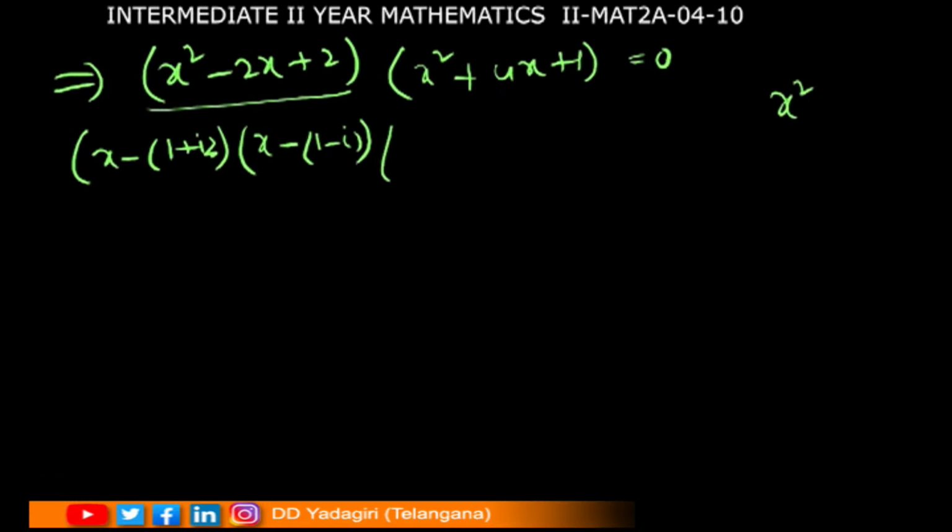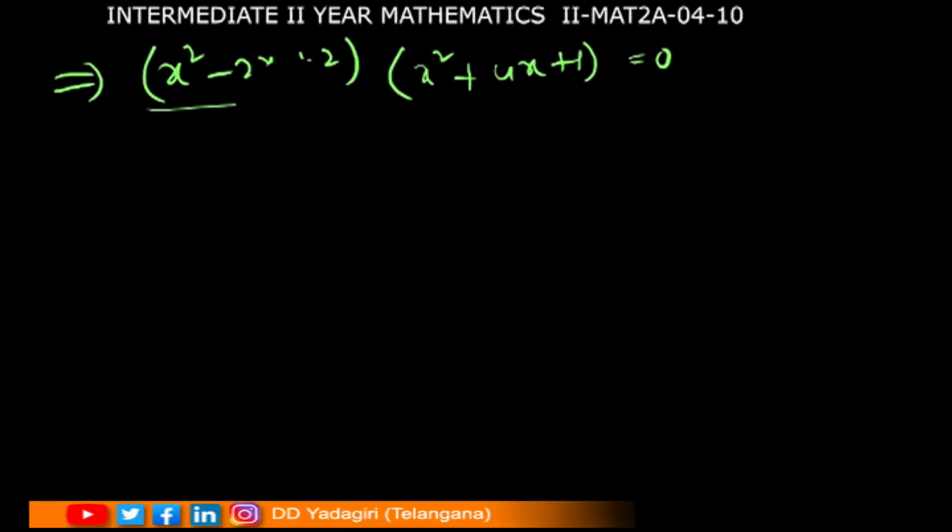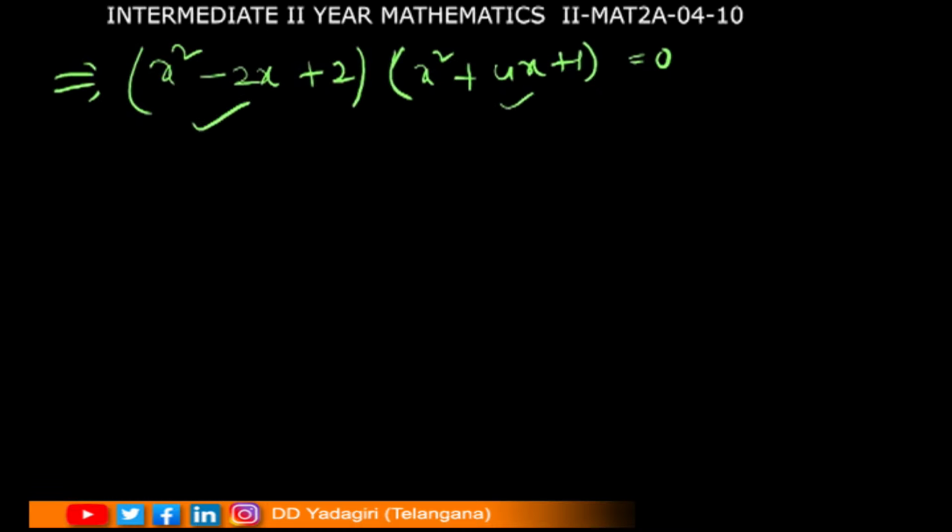Let us do here x square plus 4x plus 1. So what are the roots of this? We have to find the roots of this quadratic equation x square plus 4x plus 1 is equal to 0.